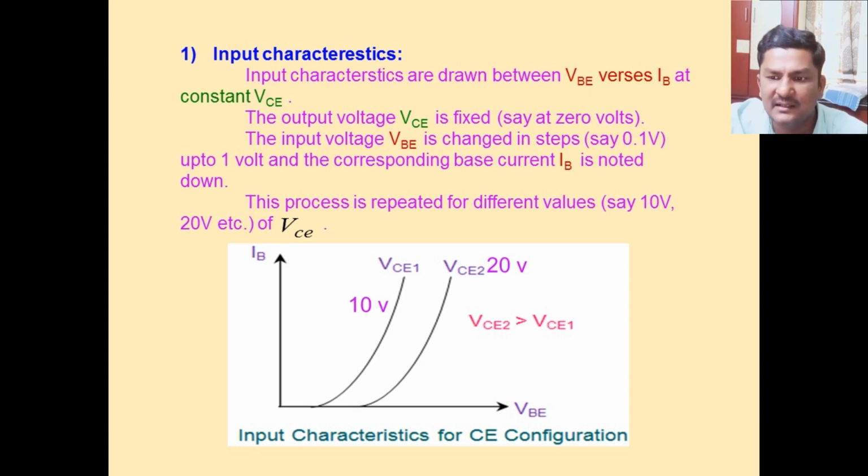After that, with a small change in VBE, the IB value changes rapidly. So the input characteristics of a transistor is nothing but the plot between VBE and IB, the plot between input voltage and input current, by keeping output voltage constant.